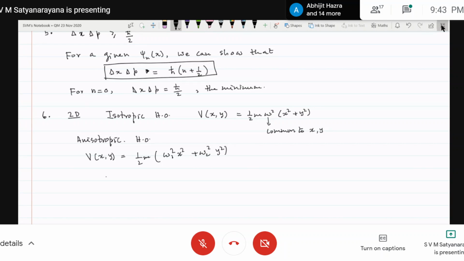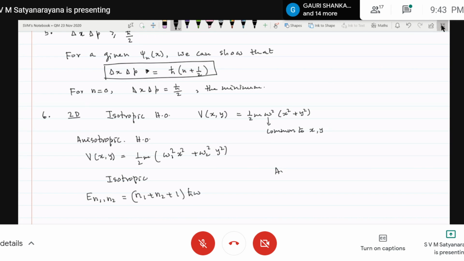So if you have an isotropic harmonic oscillator, then your energy eigenvalues will of course have two quantum numbers, n1 comma n2, that is E n1 comma n2 equal to n1 plus n2 plus 1 into h cross omega.